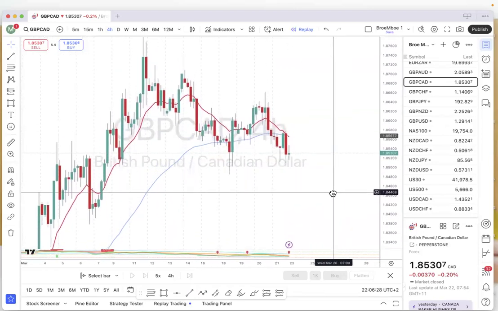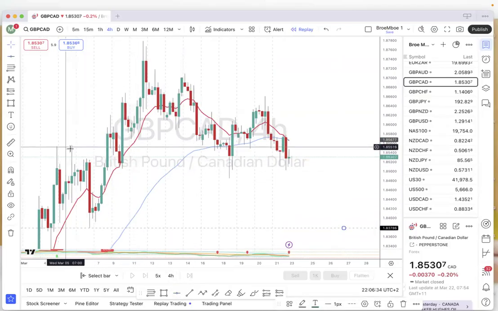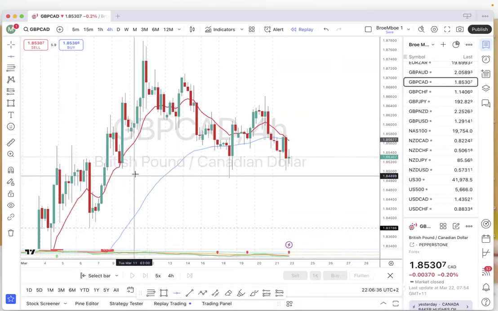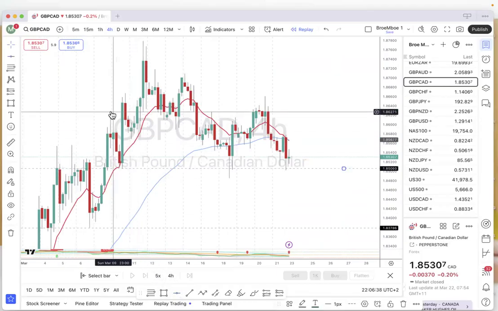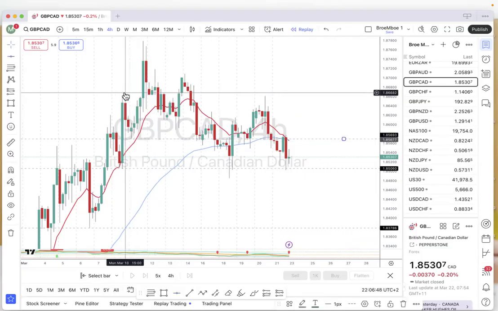We have a confirmed low because it broke that high. We have a confirmed low because it broke that high. Another confirmed low, right? Because it broke that high.